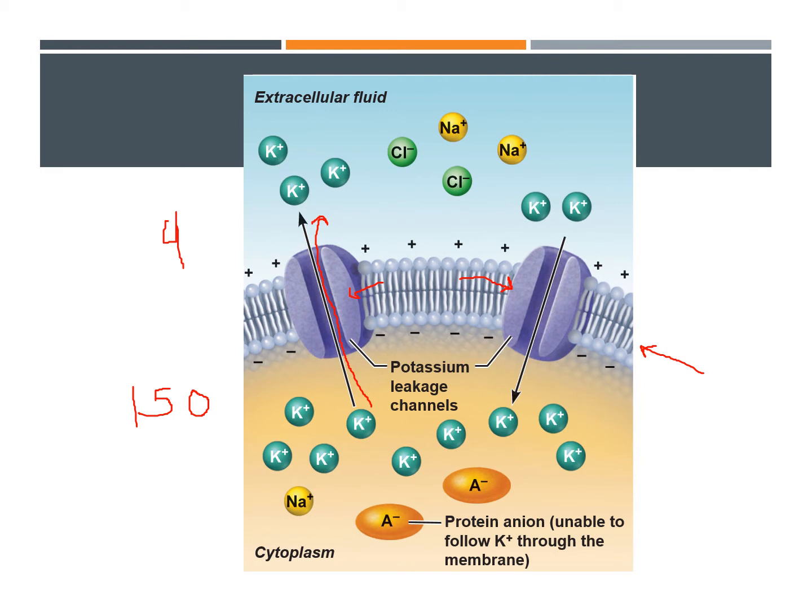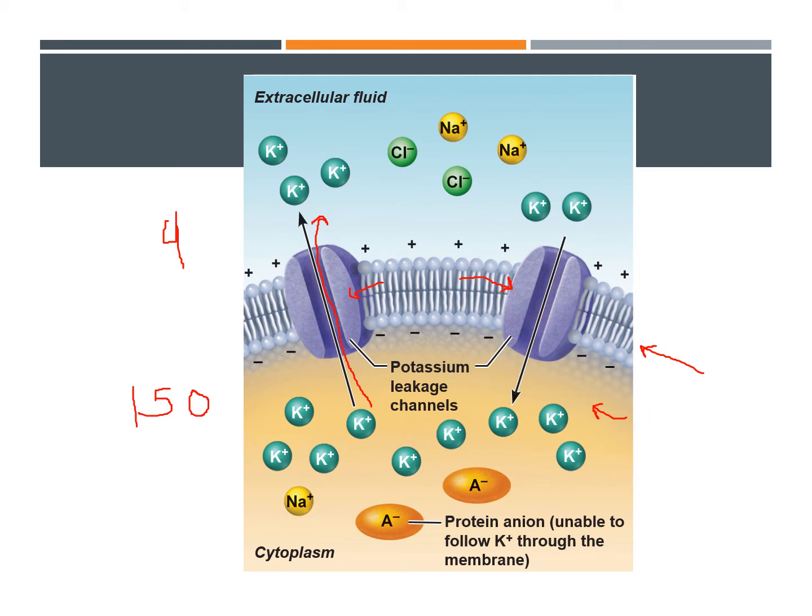Okay. Now, these are ions. That means they have a charge. Potassium has a positive charge, and if you'll remember from chemistry, positive charges are attracted to negative charges. Because of the proteins that are on the intracellular side of the membrane, remember those proteins exert a negative charge, and because they're trapped on the intracellular side of the membrane, that means there's a strong negative charge inside the cell.